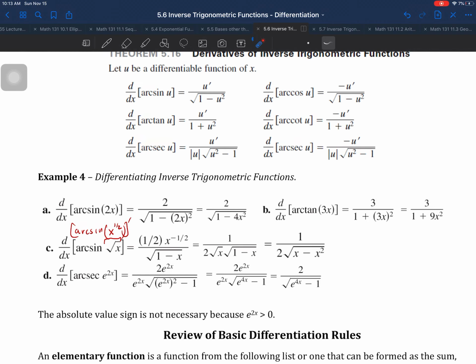We're going to write it as cosecant. So it'll be arccosecant of u, and that's the one with the negative.